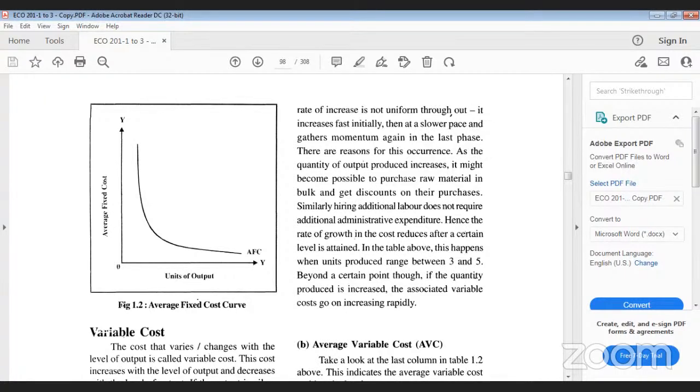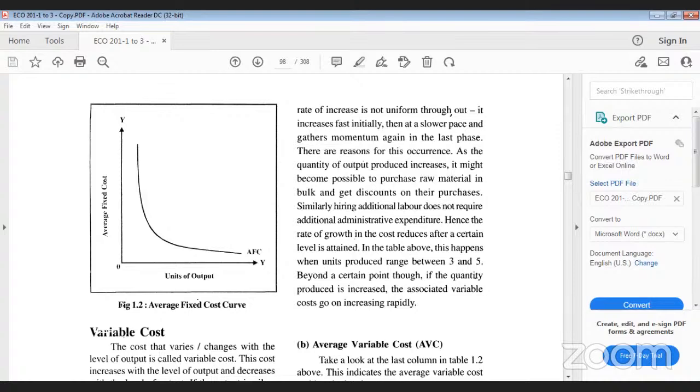This cost increases with the level of output, but the rate of increase is not uniform. As output increases, it rises at a decreasing rate initially, then at a slower pace, and gathers momentum again in the last phase. These are the reasons for this occurrence as the quantity of output produced increases.